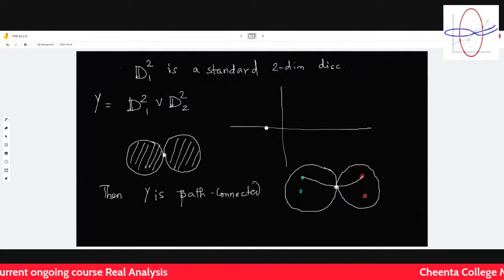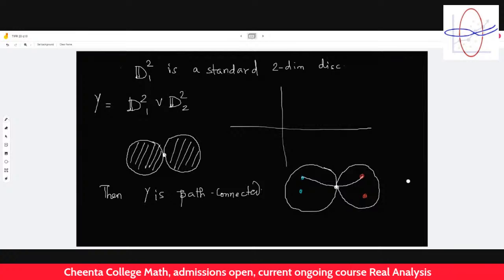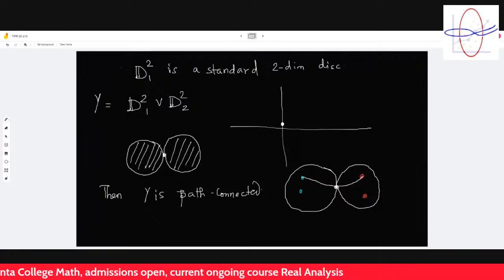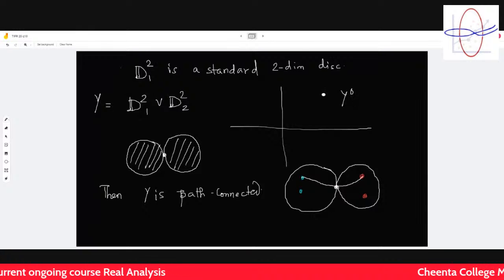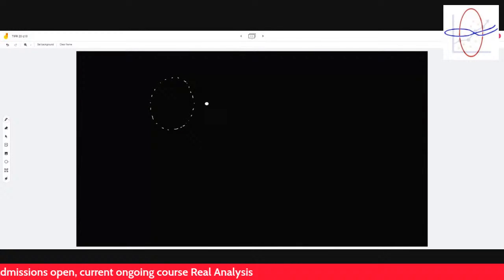But the moment you take the interior of this set, the moment you take Y interior, what does it mean? So Y interior now becomes a disjoint union of two open subsets. Why is that? The reason is that if you take the interior, then the interior looks like this.